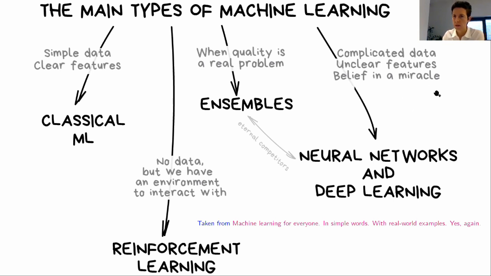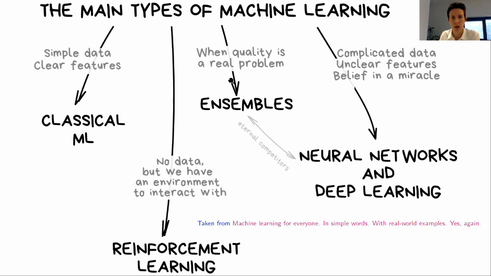On the other hand, if you say my data are very complicated, I have unclear features, think about unstructured data, think about images, think about text, I want to believe in a miracle, then you can go for techniques like neural networks, deep learning. Of course, this is a bit of a cartoon, a caricature, but it's a good thing to keep in mind.